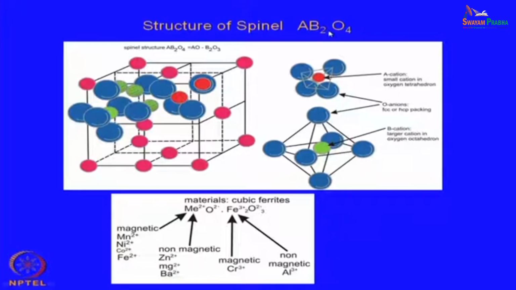So, you have two different metals, one is A and another is B, and to be specific, A can be magnesium and B can be aluminum. So, it becomes magnesium oxide and Al2O3, MgO Al2O3 or MgAl2O4.